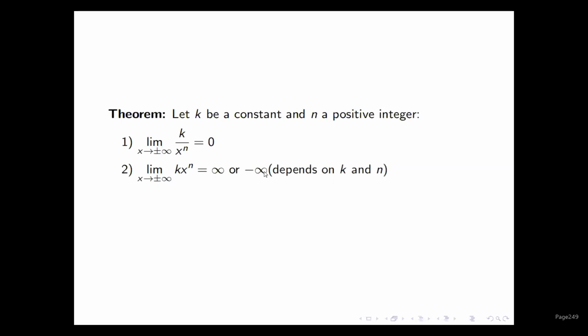And that depends, of course, on the sign of k and the value of n, right? n could be even, n could be odd. So if you're approaching negative infinity, it will be negative infinity if odd, it will be positive infinity if even, and then that still depends on the sign of k, whether k is negative or positive.